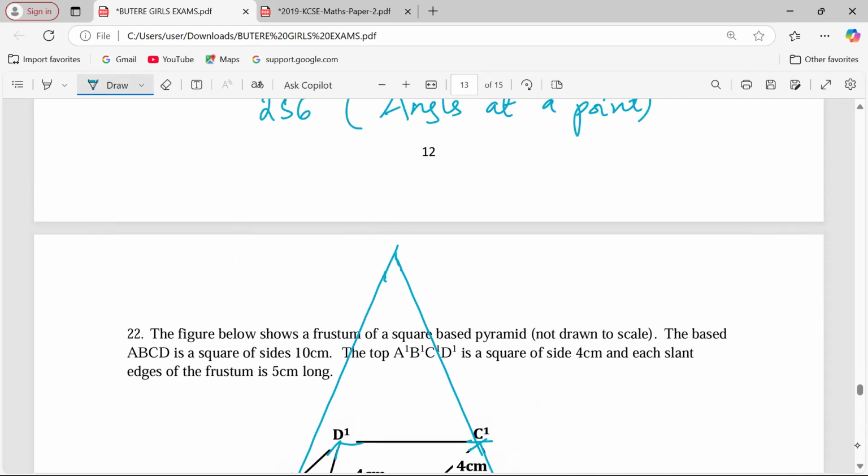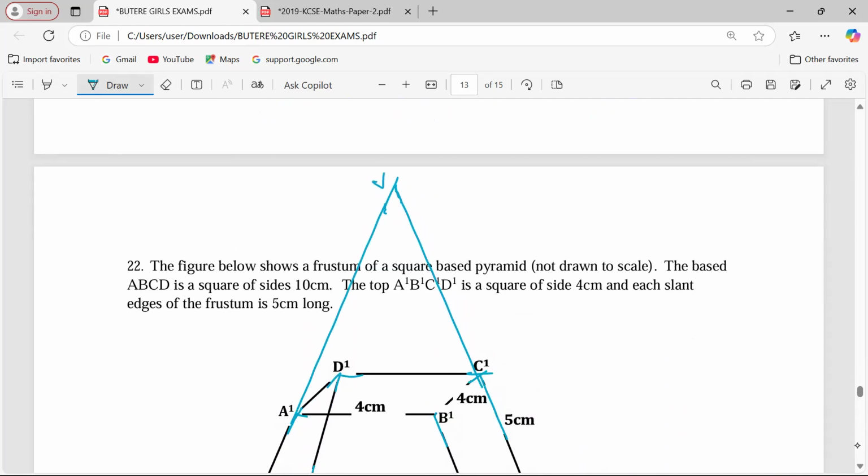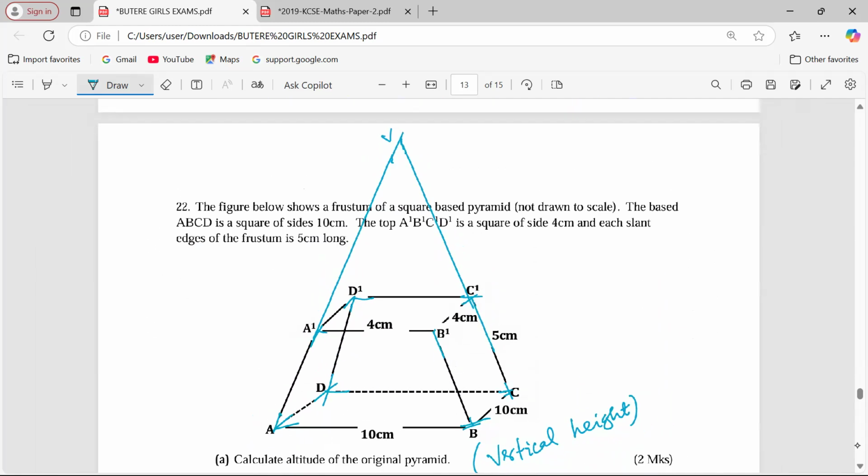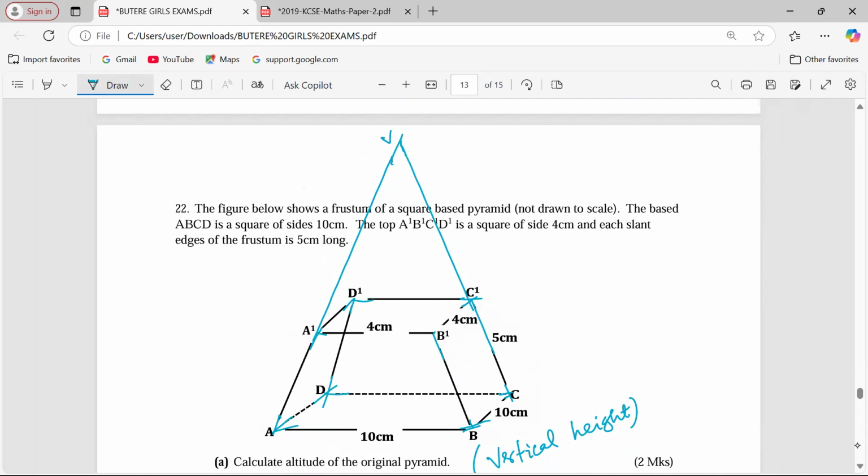That way, assuming this is point B. Now we want the height from that top all the way to the base. The height that we want will pass through AC. We want the height here. That is the height we want.